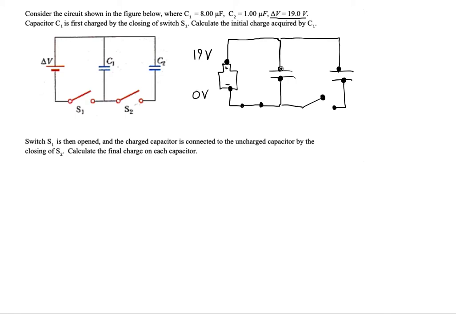All right, so we see that these 2 points are in direct contact through a conductor with the battery's positive terminal, so we're going to want 19 volts at both of these points. Down here we'll have 0 volts.